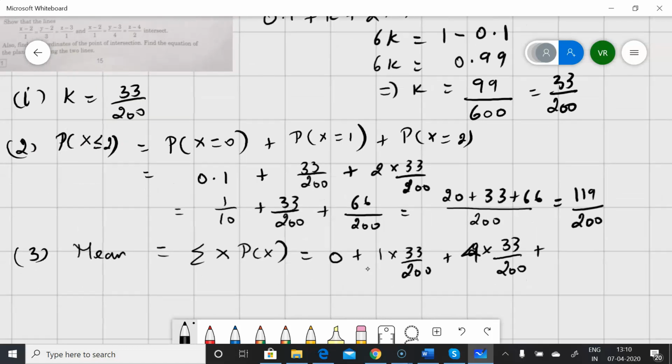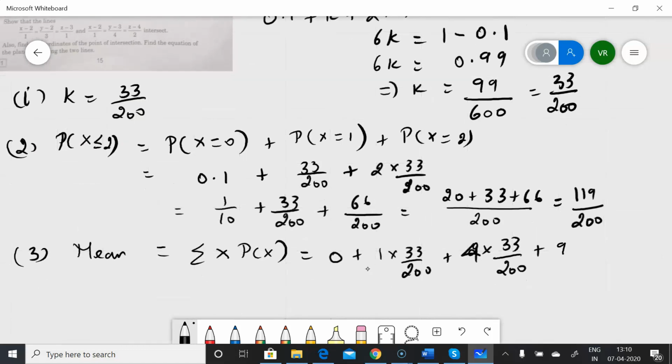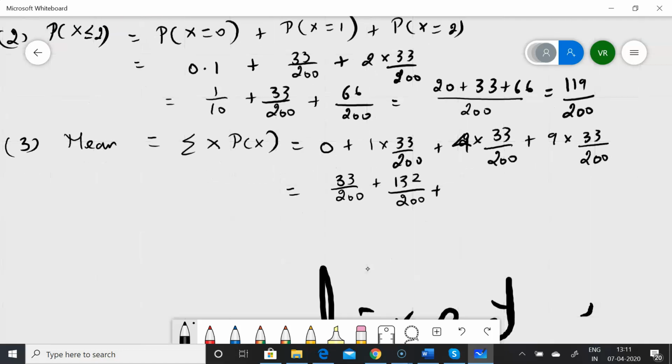3 into 3k, that is 9k, that is 9 into 33 by 200, which is equal to 33 by 200 plus 4 3s are 12, 132 by 200 plus 9 3s are 27, 297 by 200.